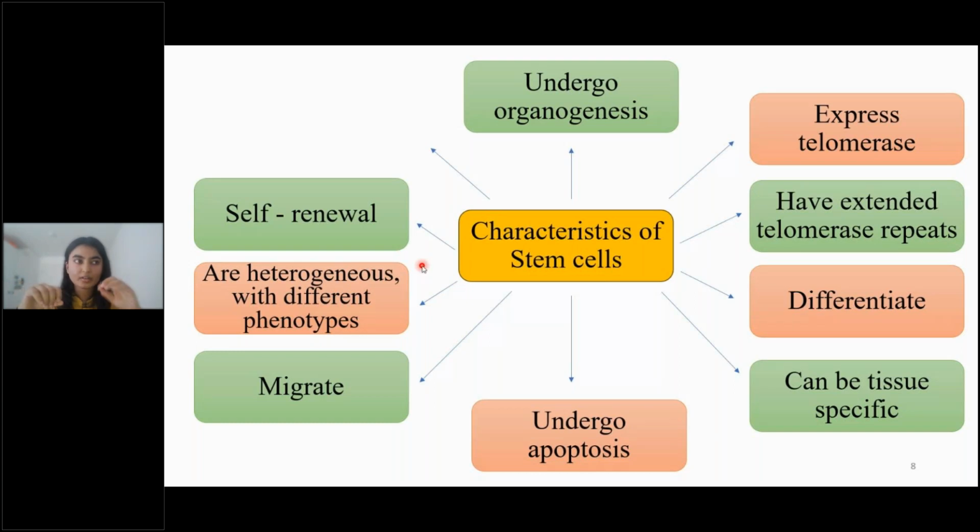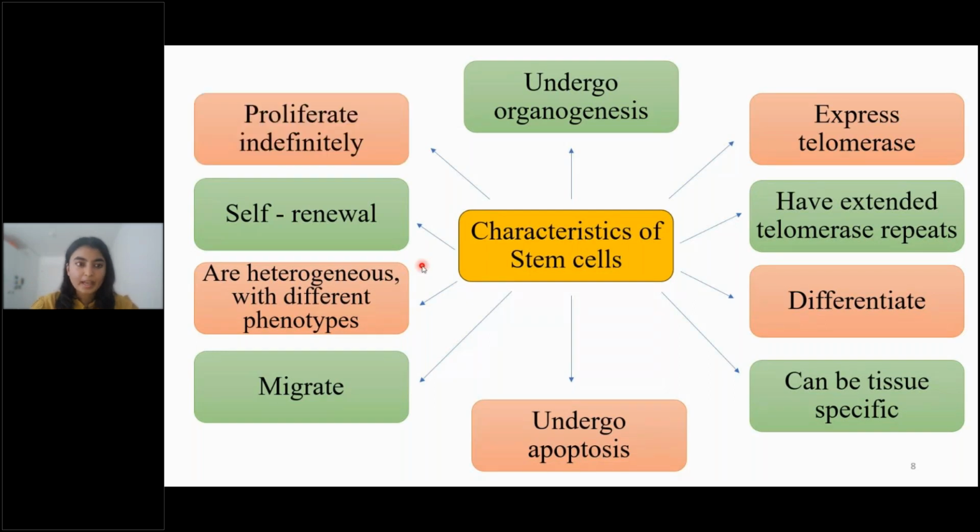For example, if there is one stem cell, it will divide into two stem cells, and the first stem cell will undergo differentiation. So one stem cell is always maintained at the top. Then again it will divide into two, and the other will undergo differentiation. So a threshold is always maintained, and then it will proliferate indefinitely, of course. So it has a higher proliferation capacity.